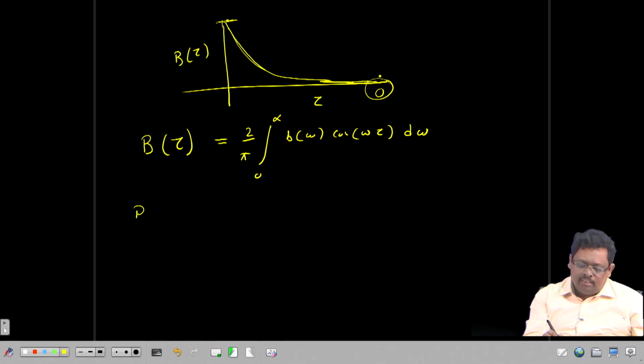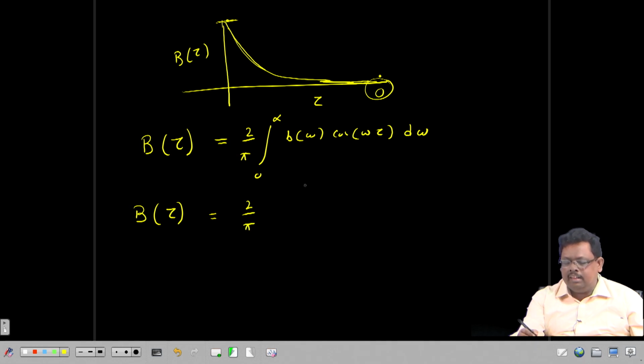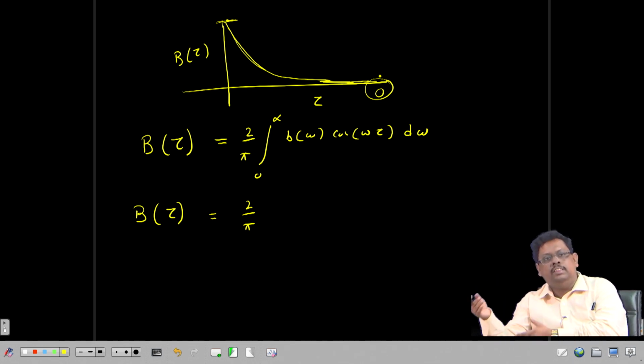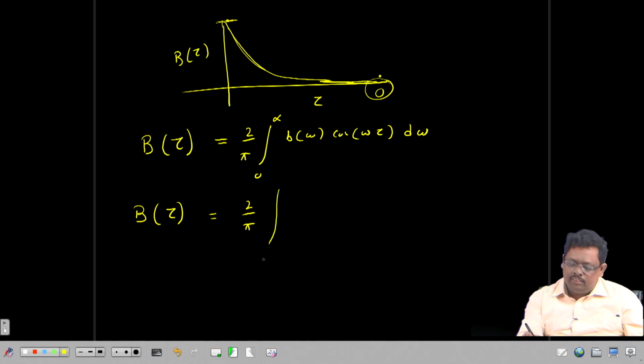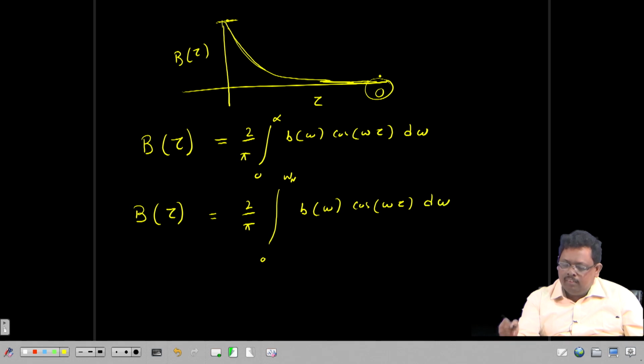From there we come up with the idea that since the graph of b omega is a damping curve, at very low frequency and very high frequency it approaches 0. So definitely it should be 0 to some value, sorry, not infinity, some value omega n, b omega into cos of omega tau into d omega.